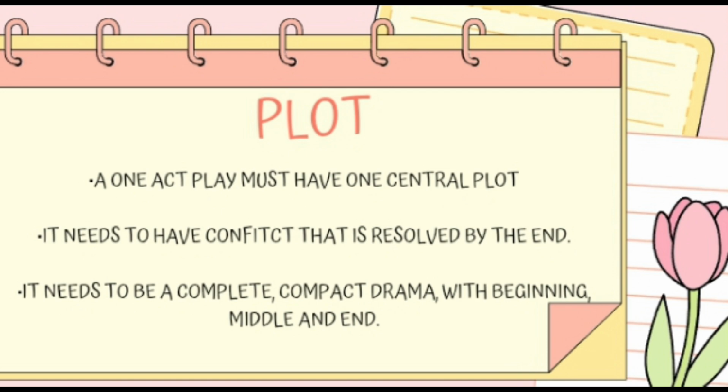The third is complete and compact. A one-act play must feel complete even though it's short. It still needs a beginning, where we meet the characters and learn the setting. The middle is where the conflict happens, and the end is where the conflict is resolved.